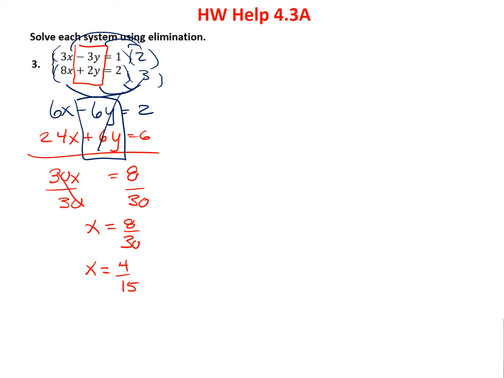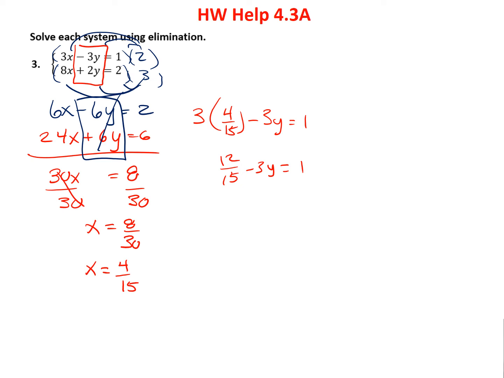So now let's come up here and substitute it into the first equation. So if x is 4/15, we have 3 times 4 over 15 minus 3y equals 1. So this is 12/15 minus 3y equals 1.